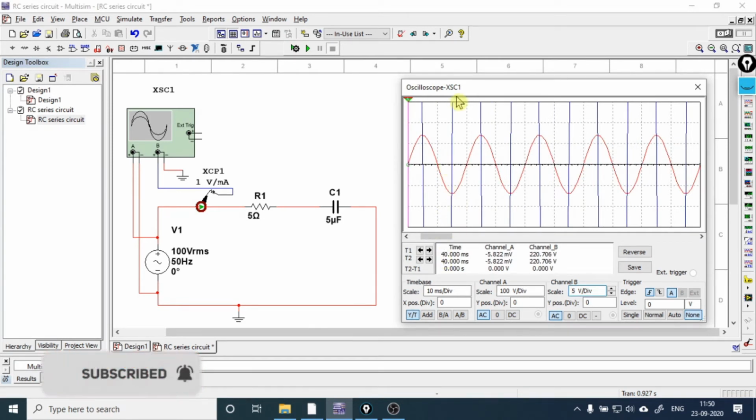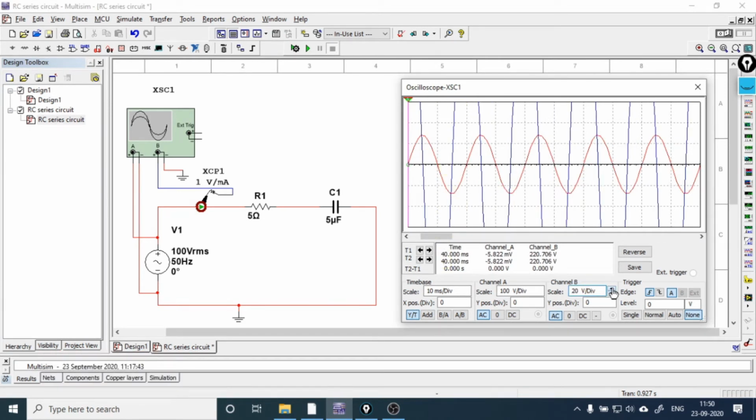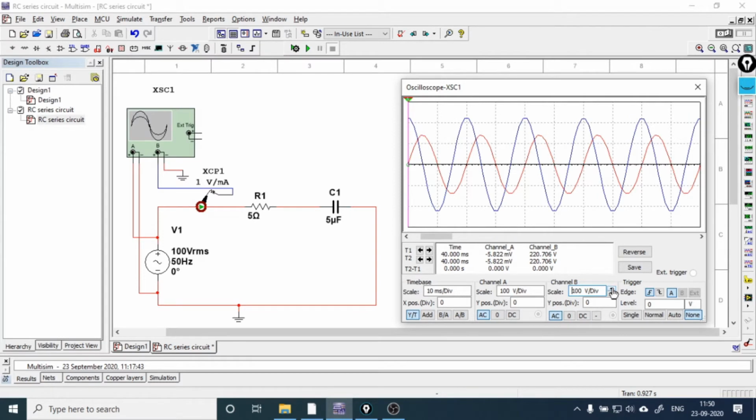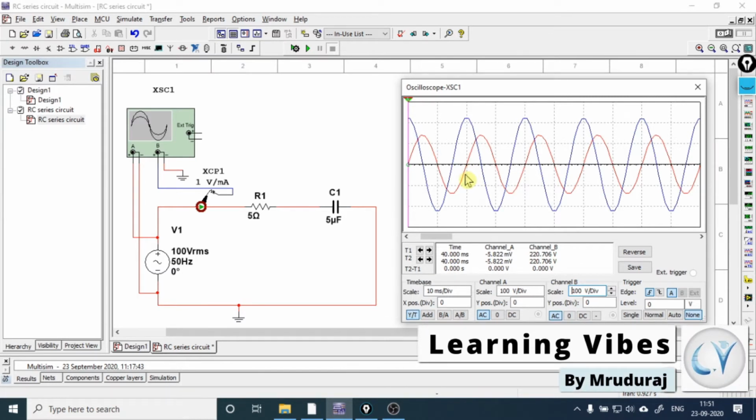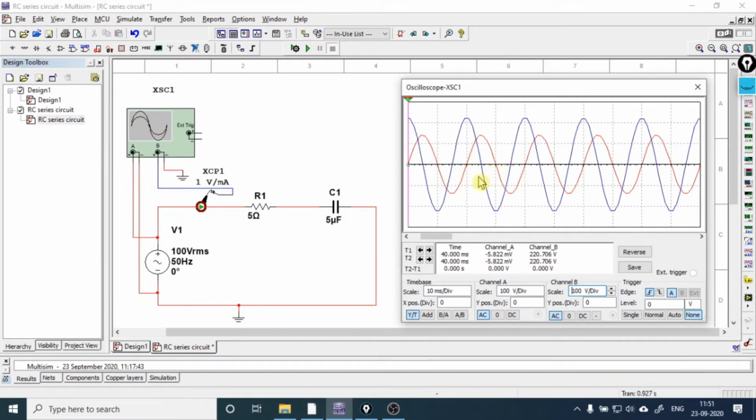We can see that the current has shot up, right? The magnitude of current has increased. Now just observe this waveform. In the initial condition, when the circuit was purely resistive, there was no phase difference between the voltage and current passing through this circuit.